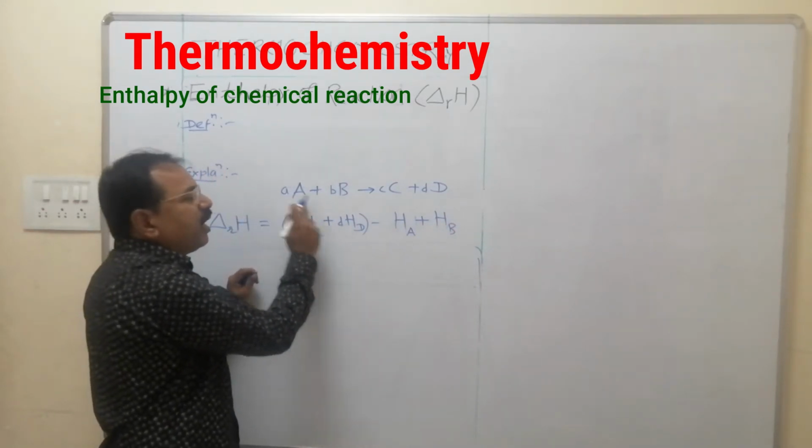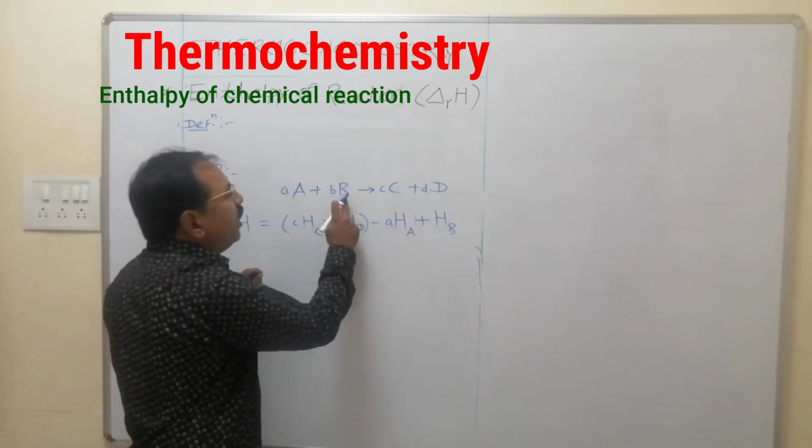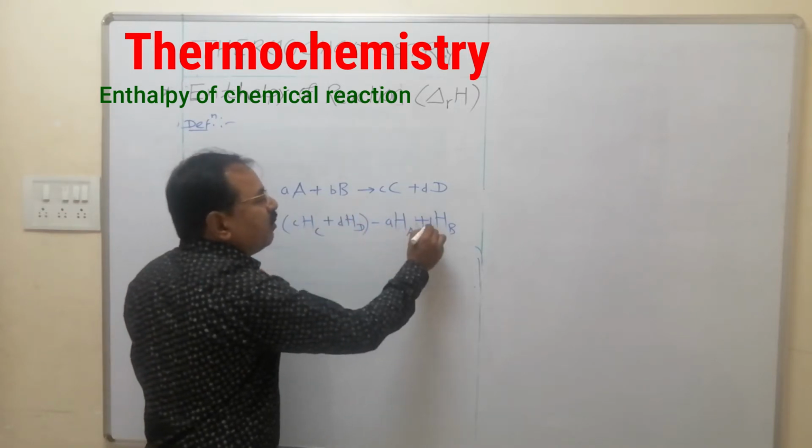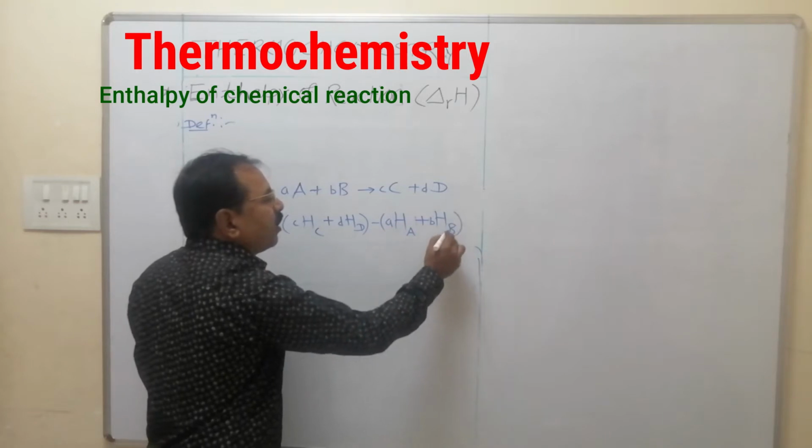That means for reactant A write the coefficient a, for reactant B write the coefficient b.